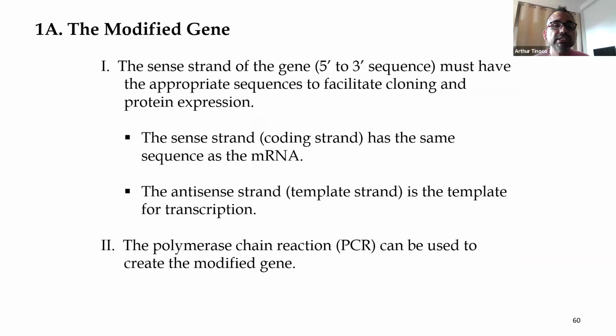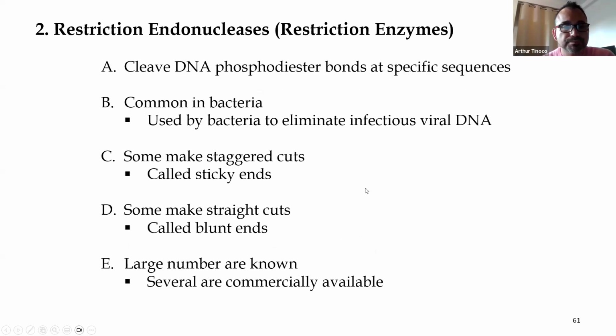So the sense strand of the gene, the 5' to 3' sequence, must have the appropriate sequences to facilitate cloning and protein expression. The sense strand, the coding strand, has the same sequence as the messenger RNA. The antisense strand, which will be the template strand, is a template for transcription. The polymerase chain reaction, PCR, can be used to create a modified gene.